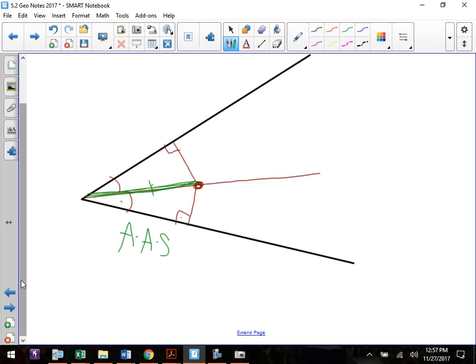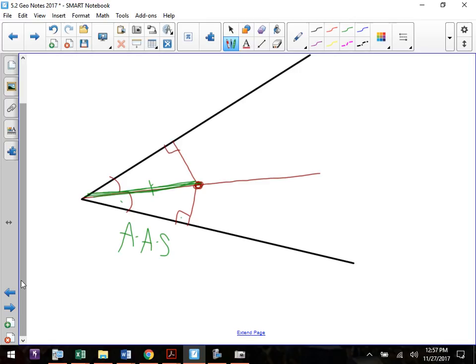If you put a point on an angle bisector, that point, when you measure to the side of the angle, is always going to be perpendicular to it, because that's how you measure distance. Which then means that no matter where you place it on the angle bisector, it's always going to be the same distance from that point to the vertex. That's why we say it's always going to have a reflexive part to it, which always creates angle, angle, side.